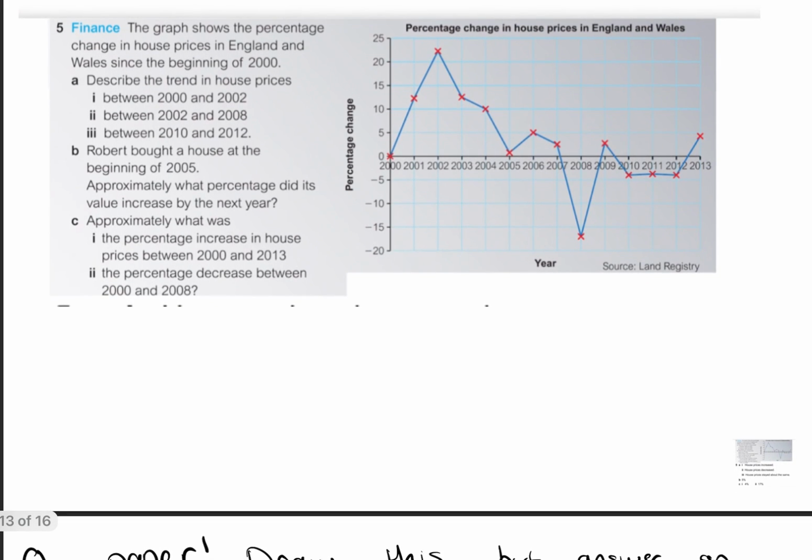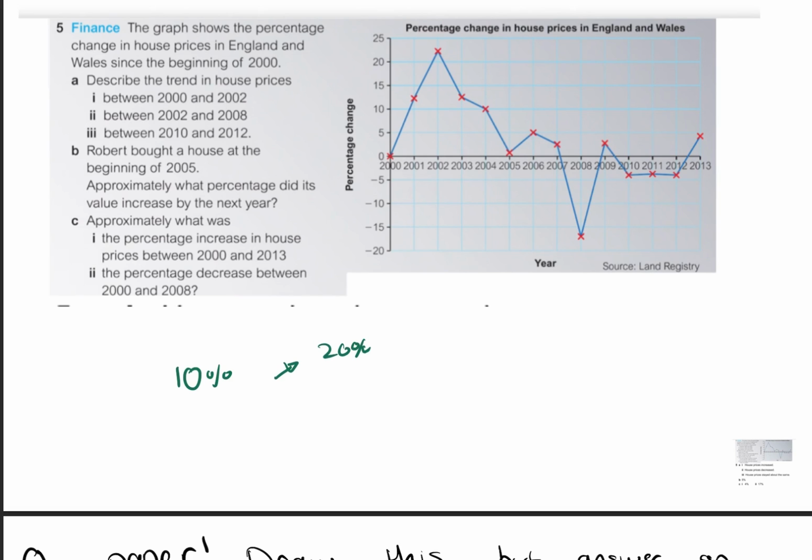There's a bit here about percentage change. I will give you a bit of advice, a tip on how to work out a percentage change. If it starts off at 10% and goes up to 20%, you can see that on the graph.